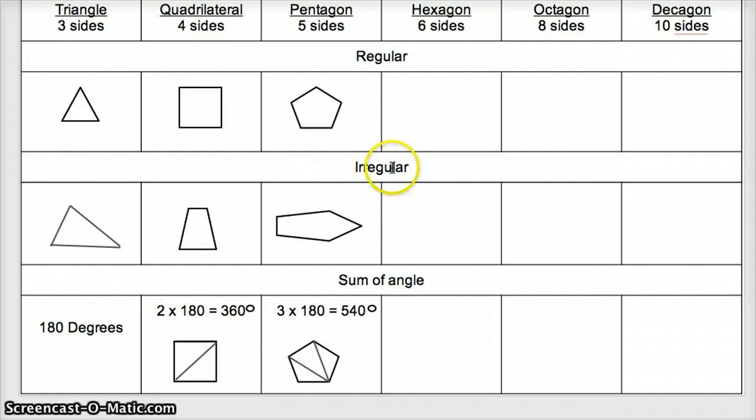Next is a pentagon, which is a five-sided figure. 1, 2, 3, 4, 5. So this is the pentagon. A regular pentagon here because all sides and angles are the same. Here's an irregular pentagon, meaning it still has five sides, but some sides are longer than others, or angles are different than others.